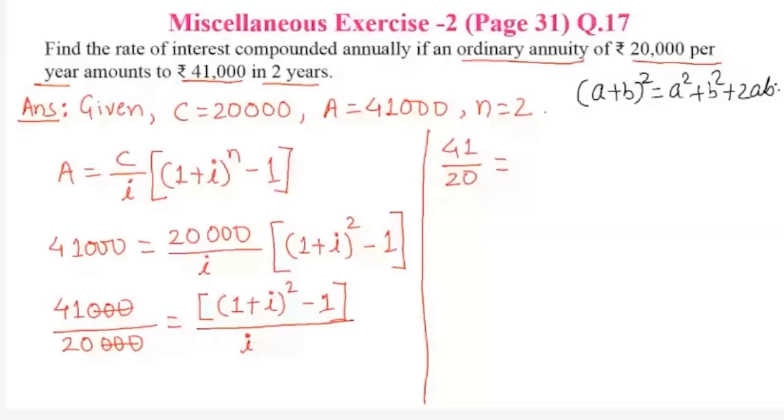You can take 2AB in the middle also, no problem. So 1 square, I'll write here first, 1 square plus I square plus 2 into 1, which is 2 into I, and then the minus 1 also comes, upon I.